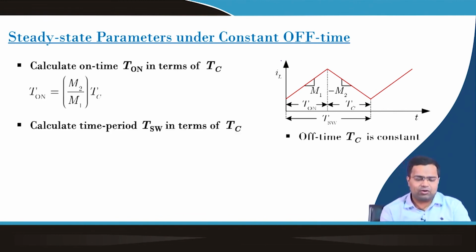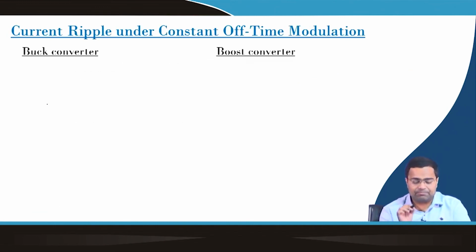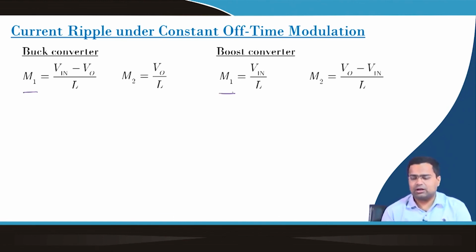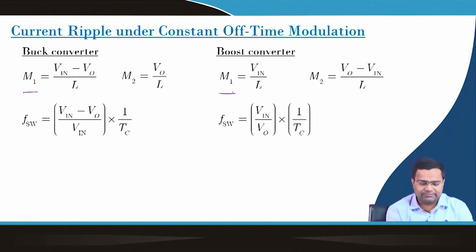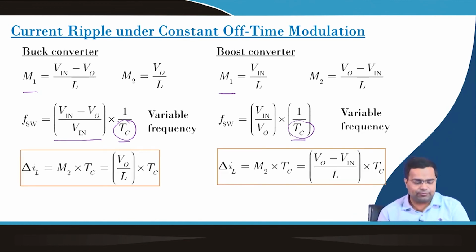So, for the buck converter the rising slope is this, for the boost converter it is this, we can also show the falling slope, and the switching frequency is a function of input voltage and off time. Sorry, here T off is the off time. So, switching frequency varies with the input voltage.